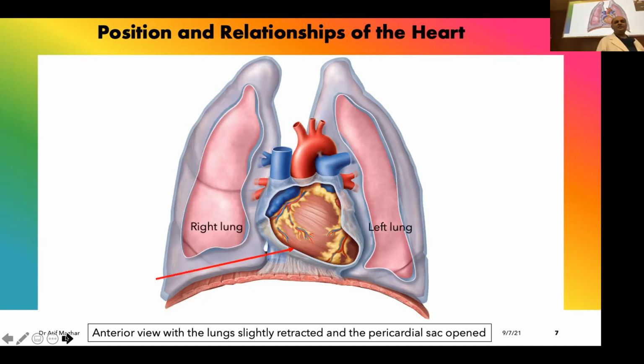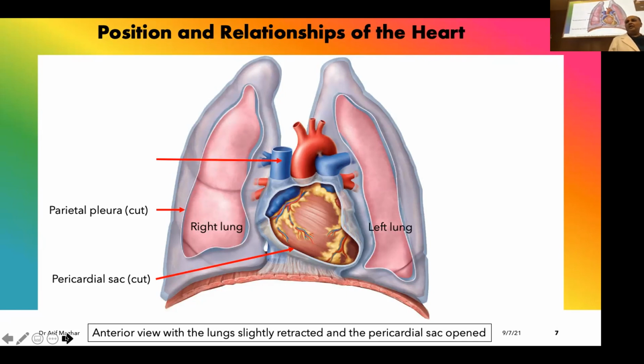Now, these are my right and left lungs. This is the pericardium, the covering of my heart. There are 3 layers. I'm not going into those details. And then this is the covering of my lung. We call it pleura. Now we are looking at a blue structure, and that is one of the biggest veins.